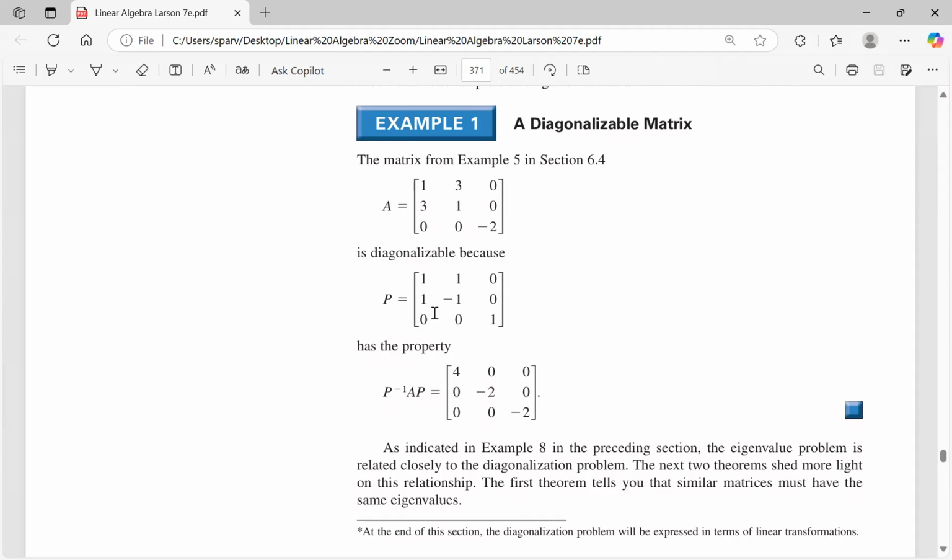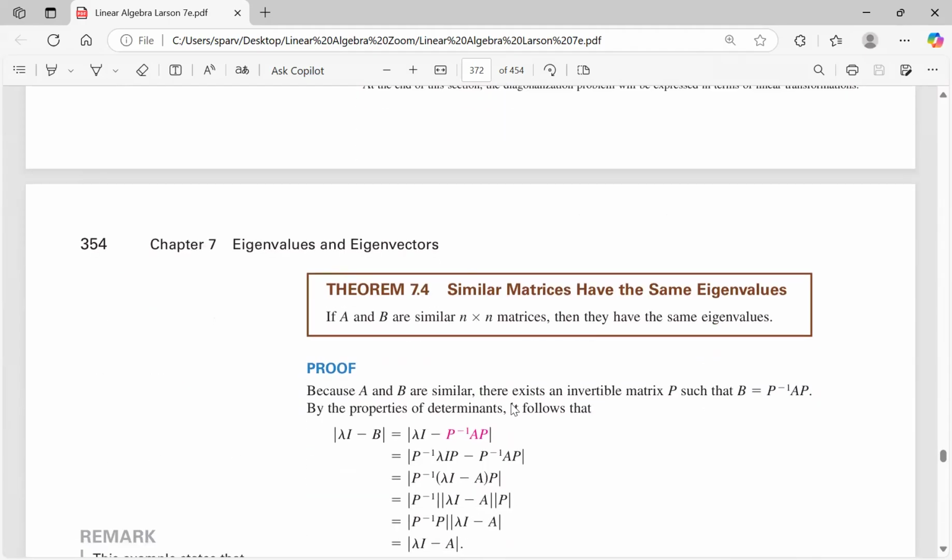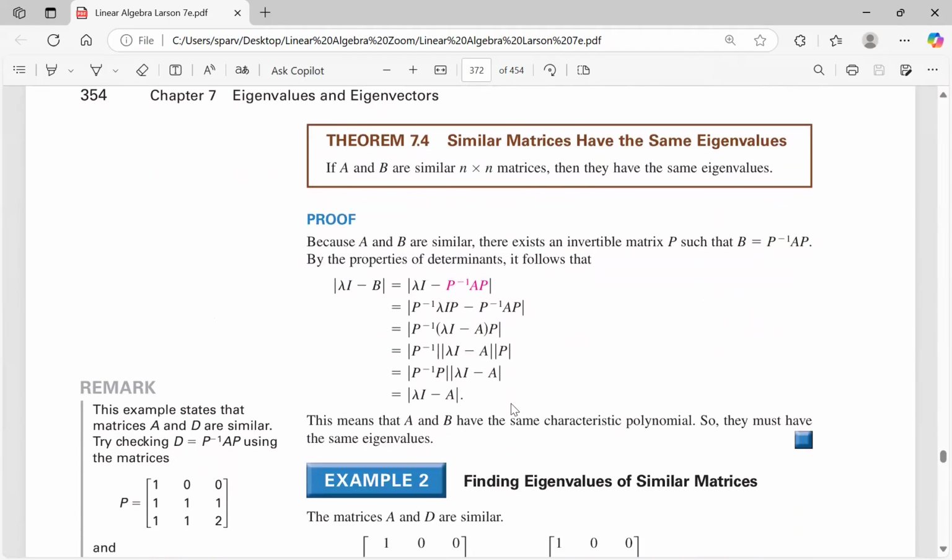If you do the inverse of P times A multiplied by P, look at this matrix. It has numbers on the main diagonal and 0 off diagonal. So the matrix A has been diagonalized. Isn't that cool? It turns it from one form to another. Symbolab does this diagonalization, so we don't have to do it by hand, but it's good to go through the process, and then we definitely use Symbolab.